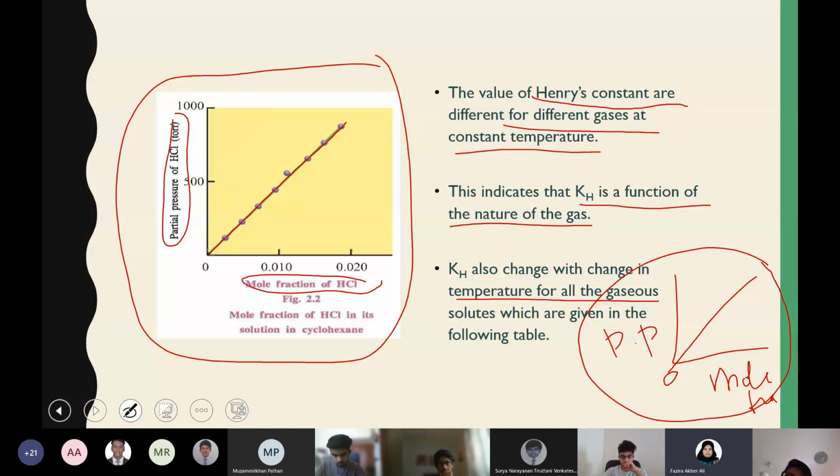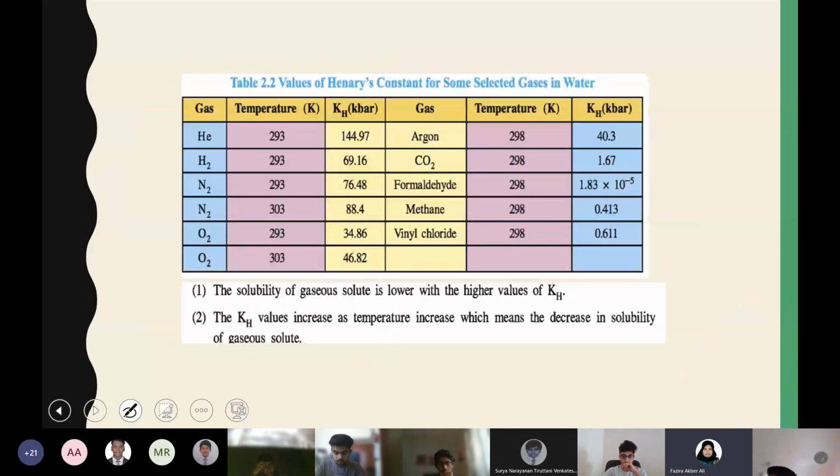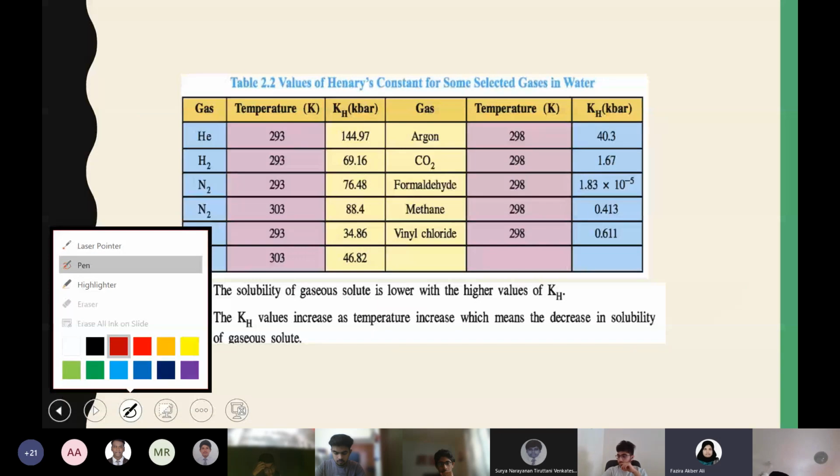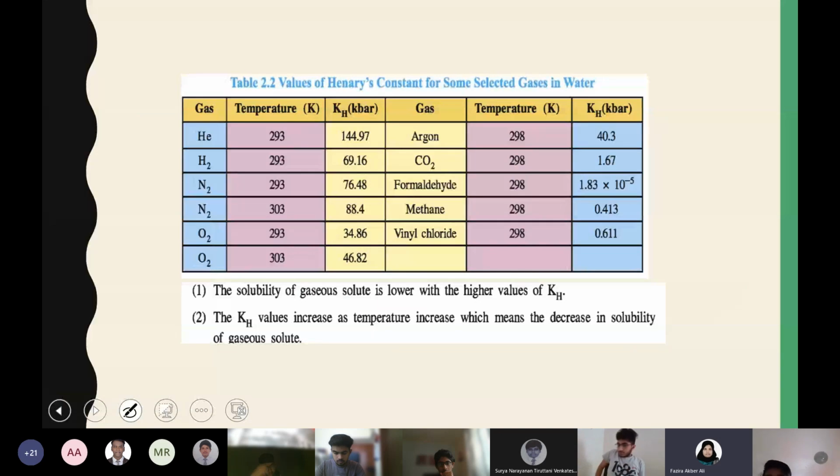All right. So you can get more details from this table. No need to draw or write the values, but this is for your understanding. When you compare helium and hydrogen, the first two rows, the temperature is the same, 293 Kelvin. But as the gas is different, one is helium and the other is hydrogen, their KH, the constant, is different.